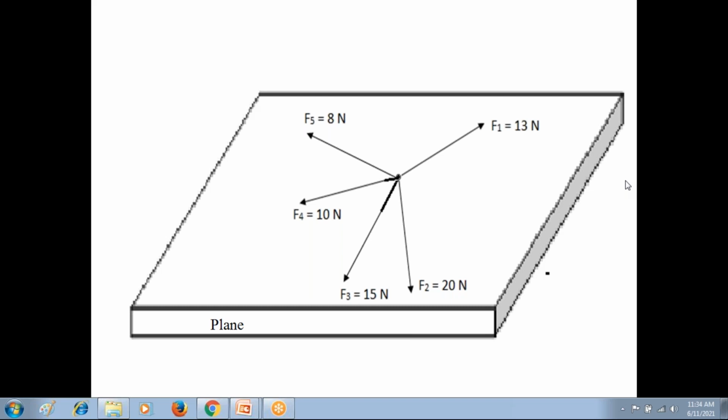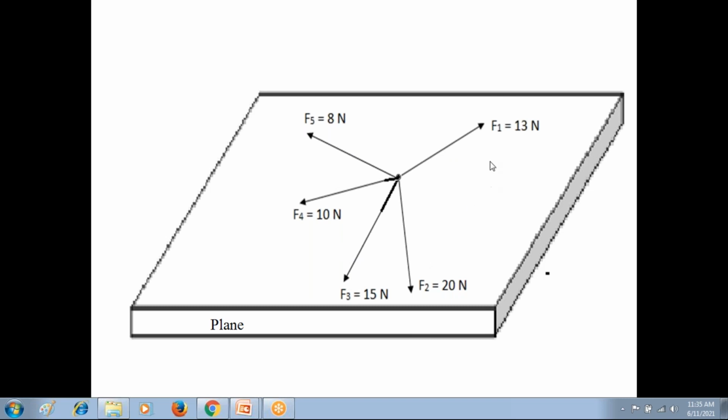We know that coplanar means all forces' lines of action lie on the same plane. Check this diagram please. Here we have this level surface called the plane. Check these 5 forces. All forces lie on the same plane. So these 5 forces are coplanar forces.